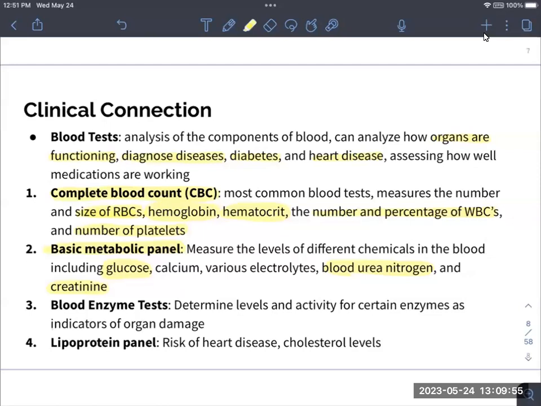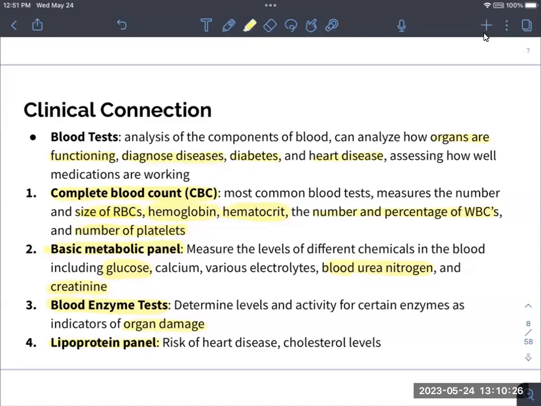We can look at enzyme tests. There's lots of enzymes that are found in those formed elements in our blood. And this is mainly for organ damage. A lipoprotein panel. We're looking at our lipid levels, our cholesterol levels, those high density and low density lipoproteins.